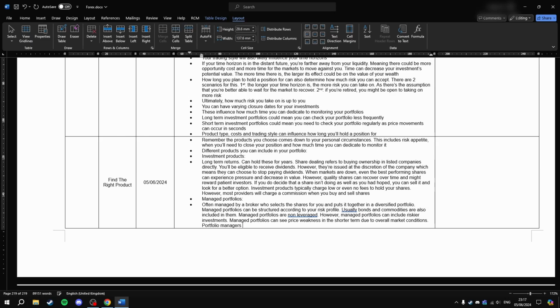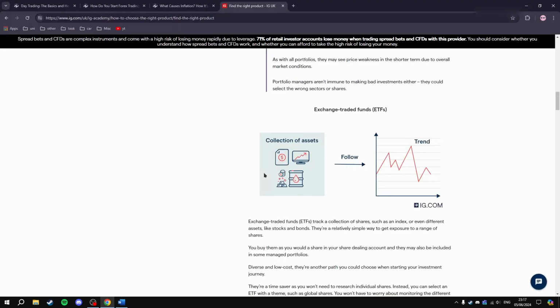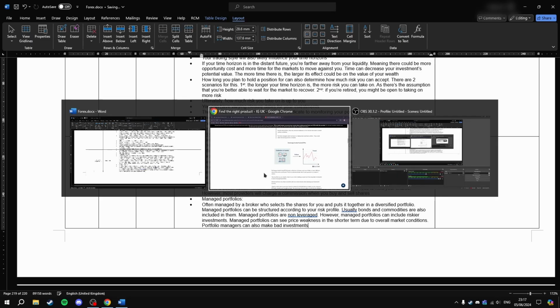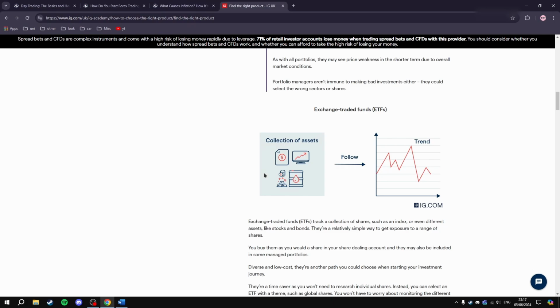Portfolio managers can also make bad investments.